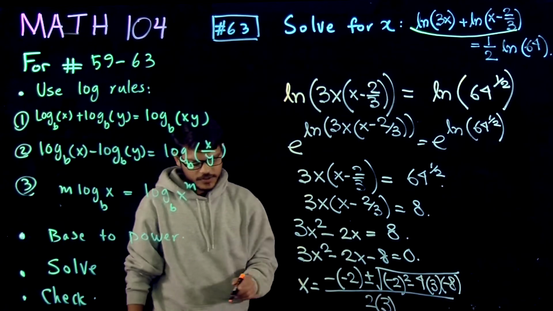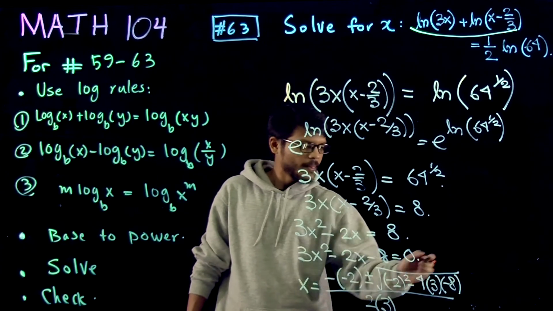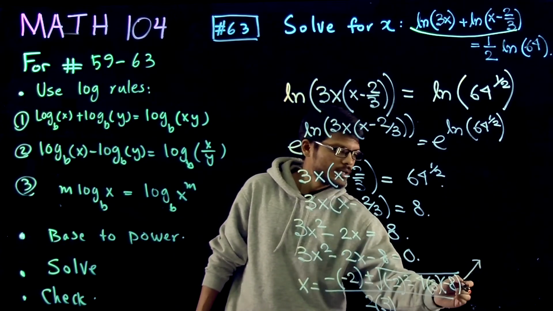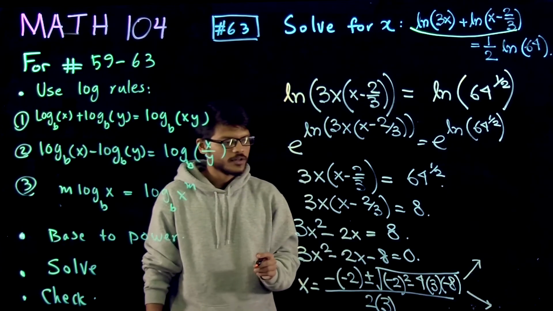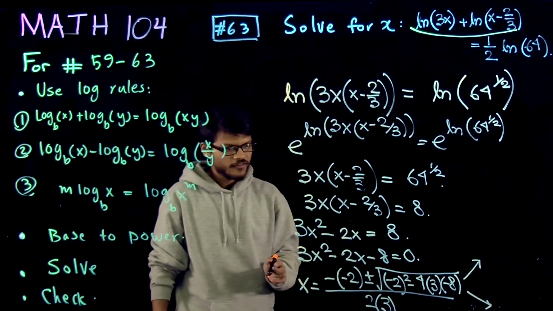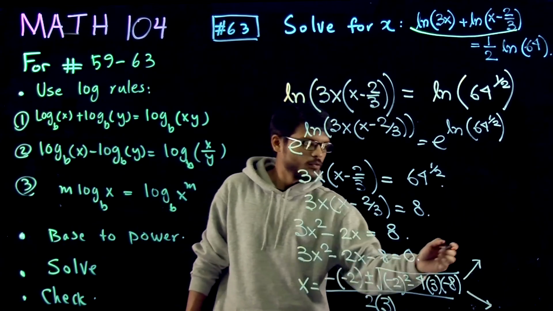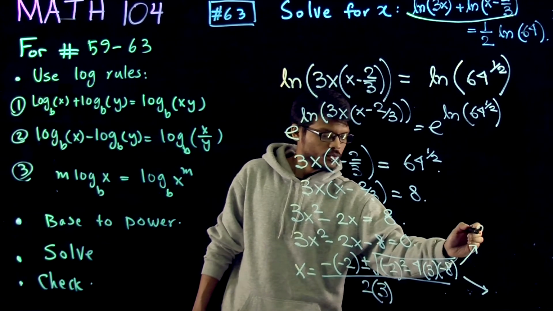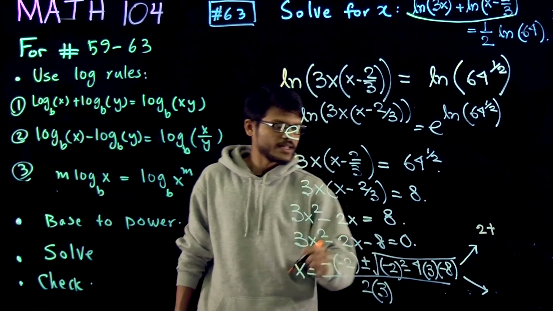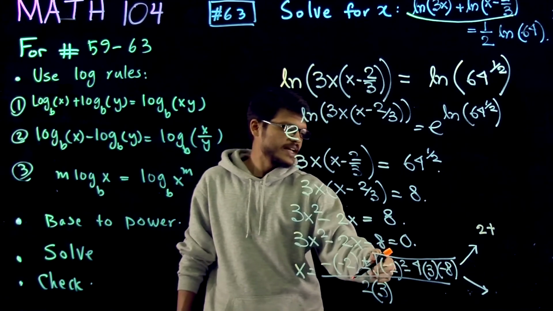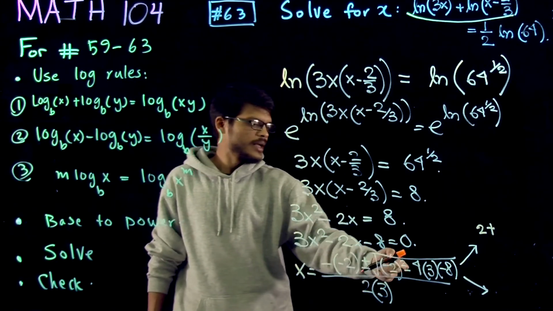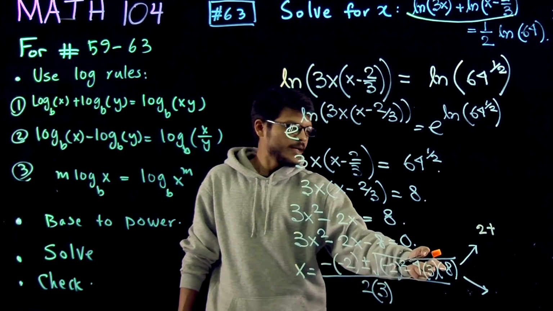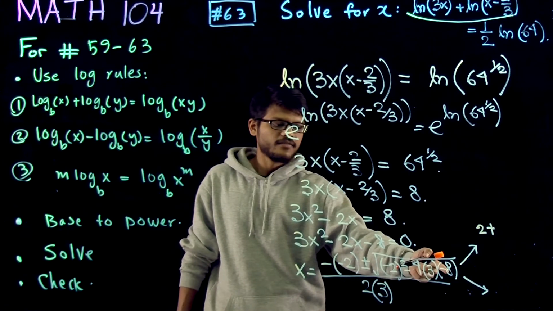Now if you simplify this one, then you will see that we will have two solutions. And what are those two? Negative of negative 2 will give you 2. Taking the plus sign, what is this one? This is negative 2 whole squared, which is 4. And this one is 12 times negative 8, so that is negative 96.